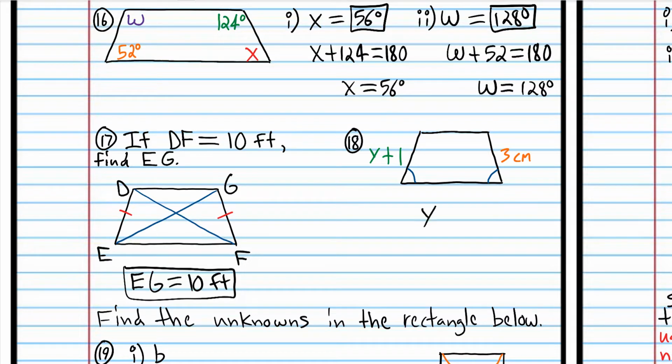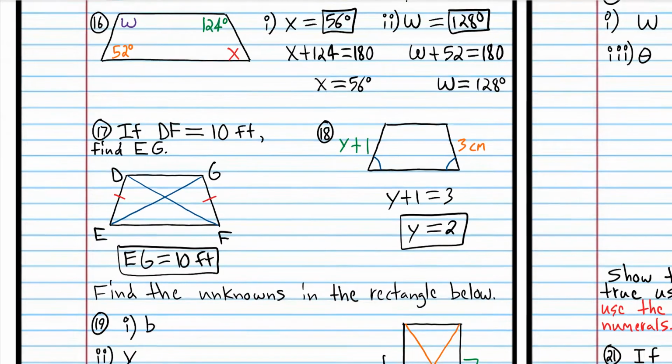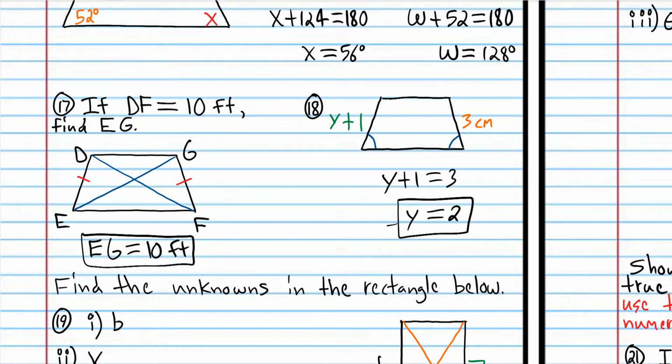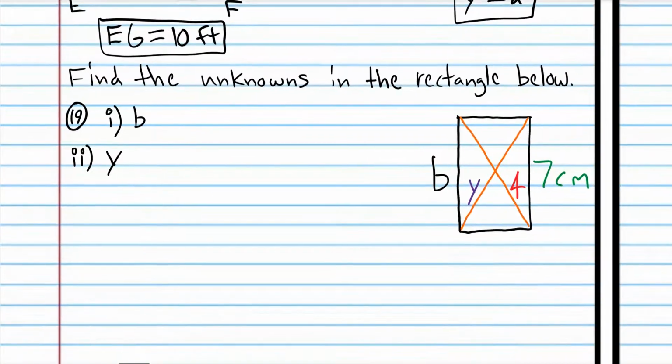So that means that y plus 1 must be equal to 3, which means y is equal to 2. So there you go. If you got that one right, good job. Y is part of this expression, so I'm not really requiring you to write a unit there, even though a lot of teachers would. I don't really care one way or the other.